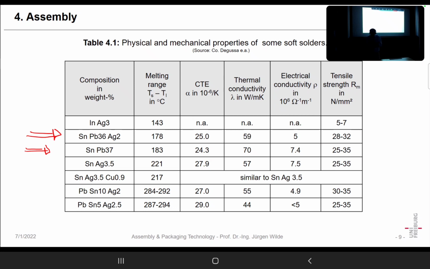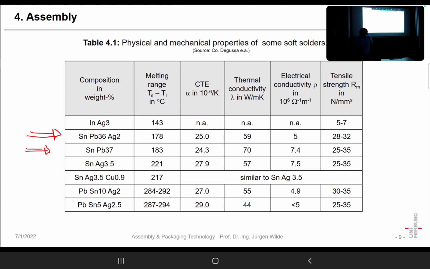So the solder alloy for doing die attachment was typically a high lead content solder alloy, roughly having around 90% of lead and around 5 to 10% of tin, in order to lower the melting point and in order to increase strength, and also silver in order to improve these properties.